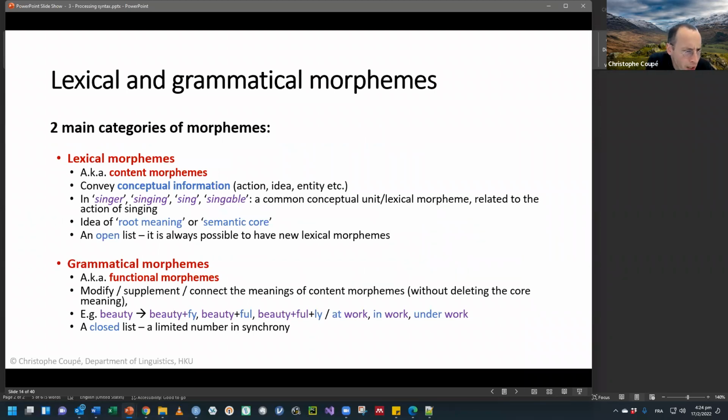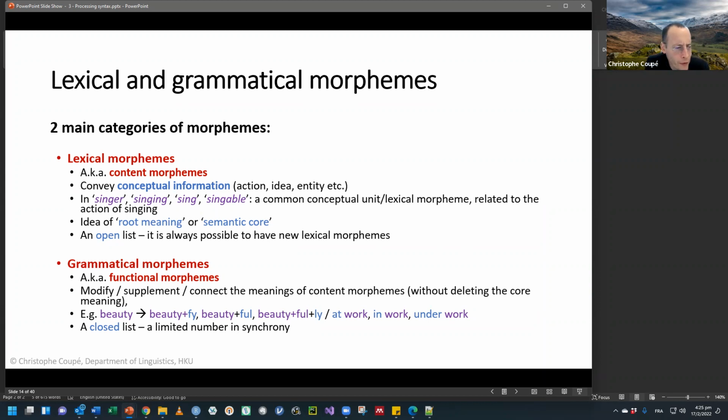You have actually two categories of morphemes. And I keep things simple here because actually I could tell you way more about morphemes. But we have what we call the lexical morphemes and the grammatical morphemes. And that's not very far from orthographic spelling and grammatical spelling in a way. The lexical morphemes are also known as content morphemes. They convey some conceptual information: actions, ideas, entities, persons, this kind of thing.